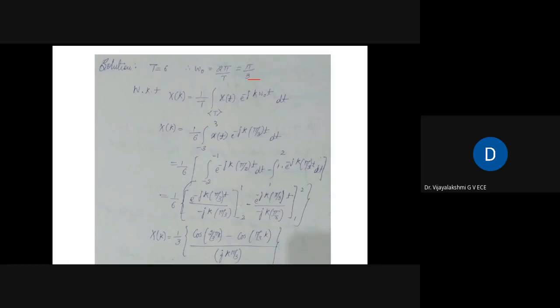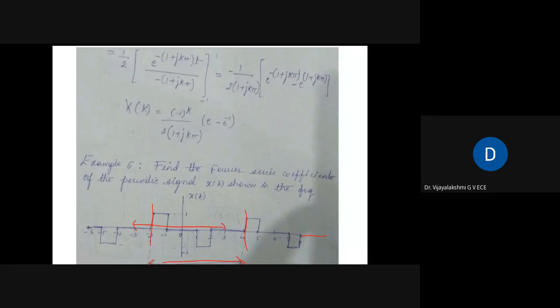So 1 over 6 integration from... For simplicity, instead of integrating from minus 2 to 4, where we have identified that the fundamental period is 6, we have integrated from minus 3 to 3.